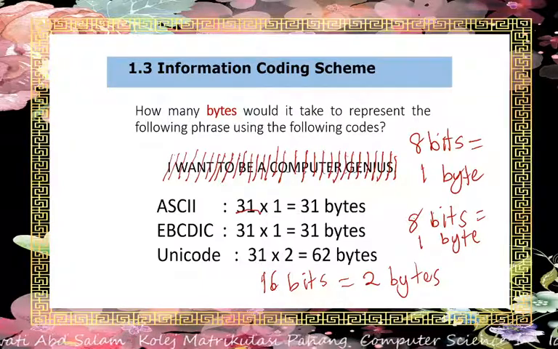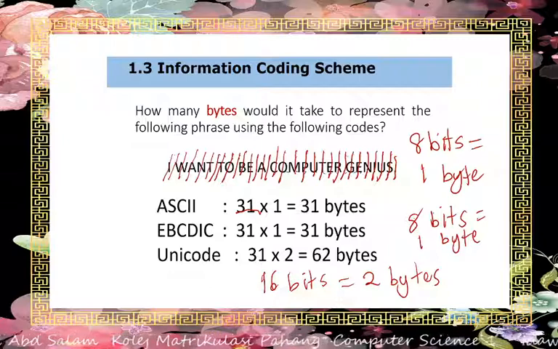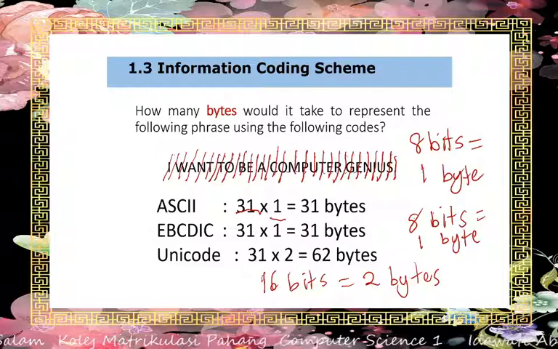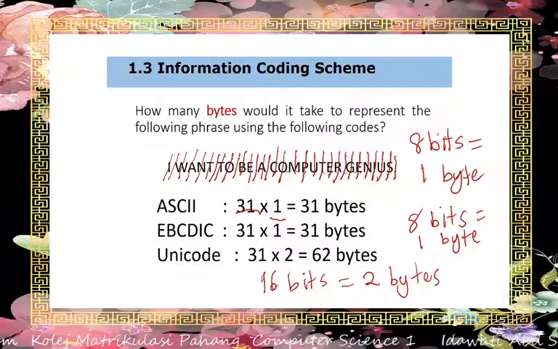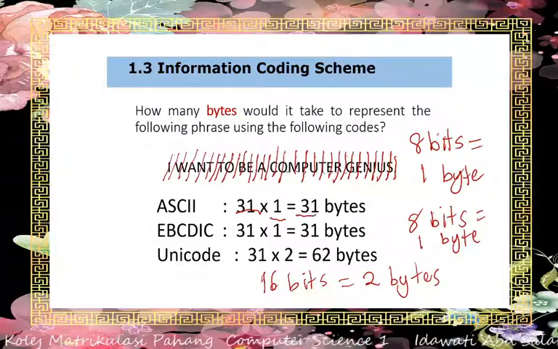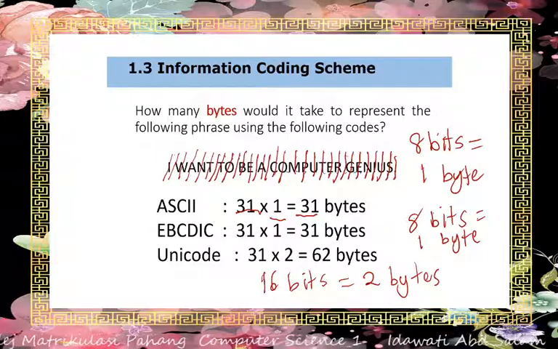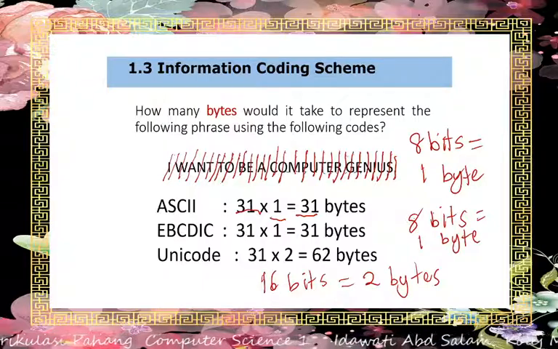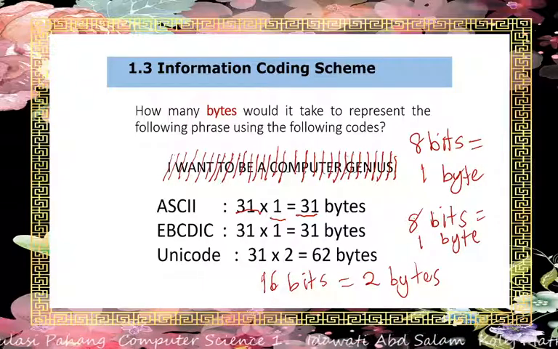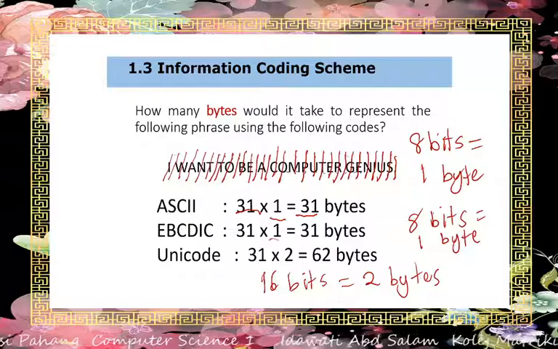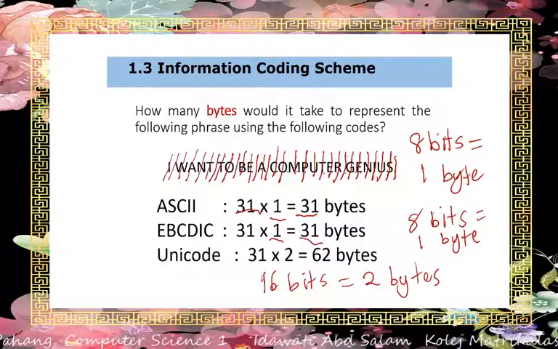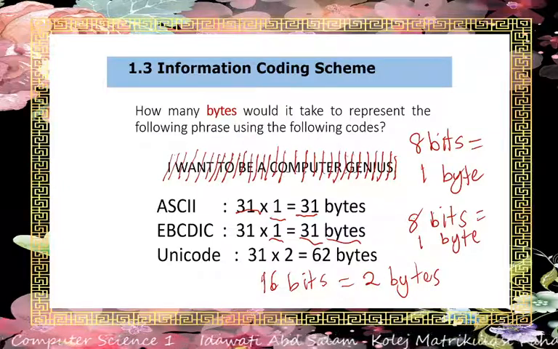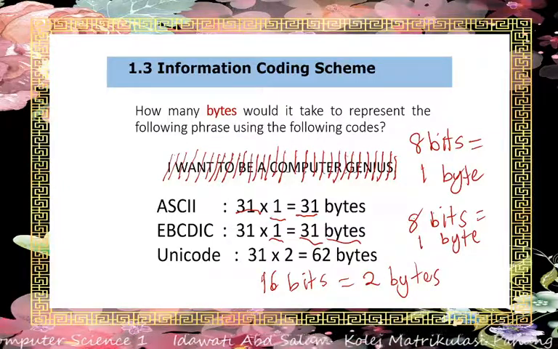So we multiply with 1, as ASCII uses 1 byte for 1 character. So in ASCII we will use 31 bytes to represent "I want to be a computer genius." The same thing with EBCDIC. We will use 31 bytes, as we multiply 31 with 1 byte.